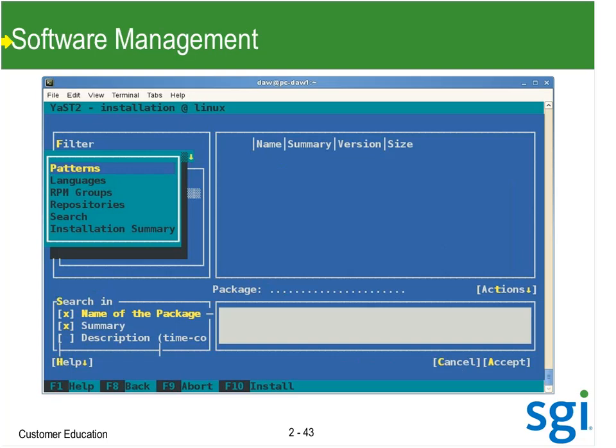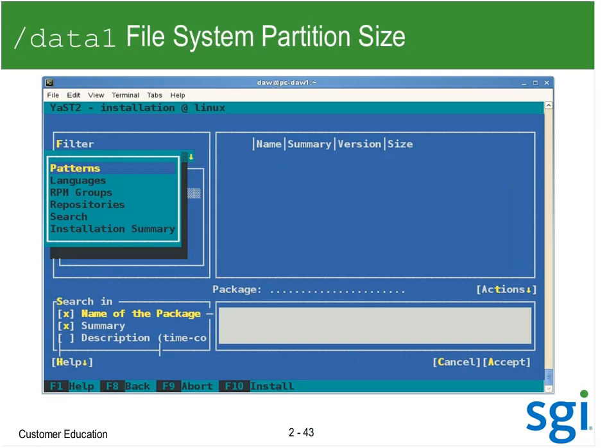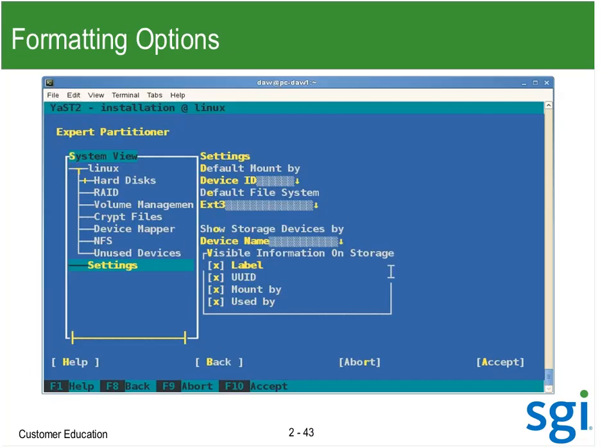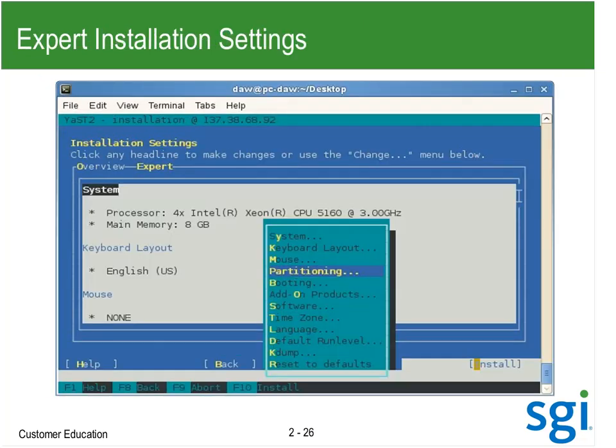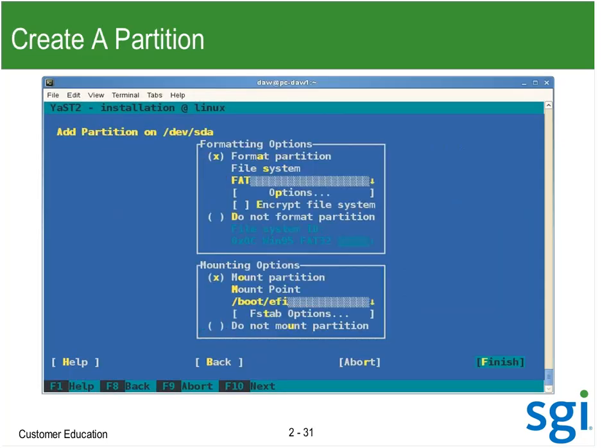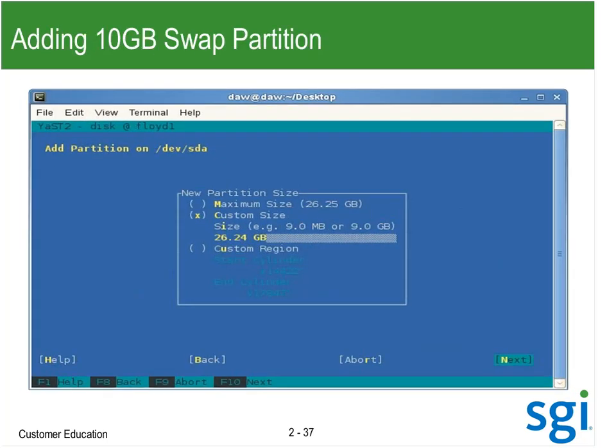The second thing I've done now is gone into software management. Let me back up a couple of slides here. So in expert installation settings, the other one here was software or software management. So I'm just having you do a couple of things here.